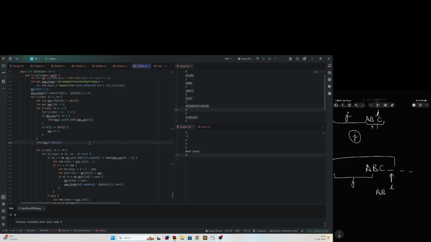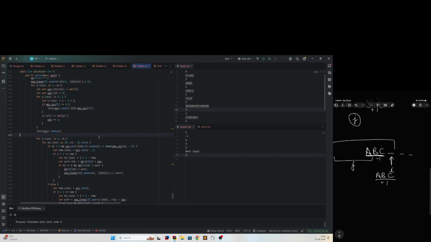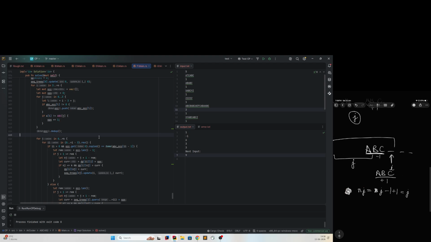So if we do this ABC, we are going to destroy this portion, so this will be a -1 and this will be a +1. So in this case, for this j we will have a new j which is j - 1 + 1, which is equal to j only.